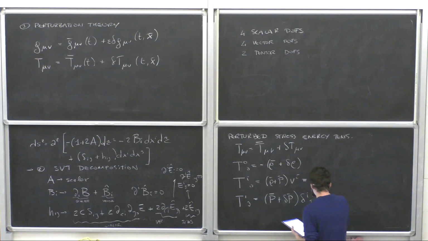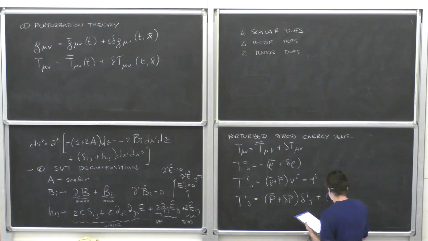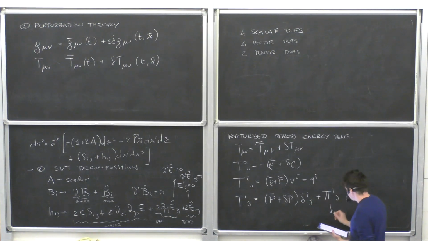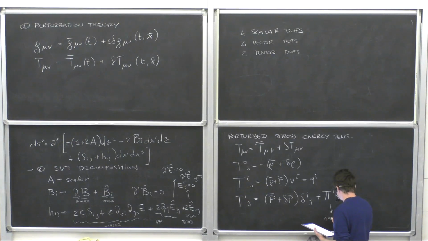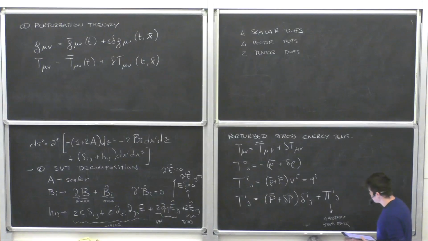And then we are going to write the remaining fluctuations as pi_ij. Now, this tensor here is called the anisotropic stress tensor. Okay? And since the trace part is already accounted for, this has to be traceless.